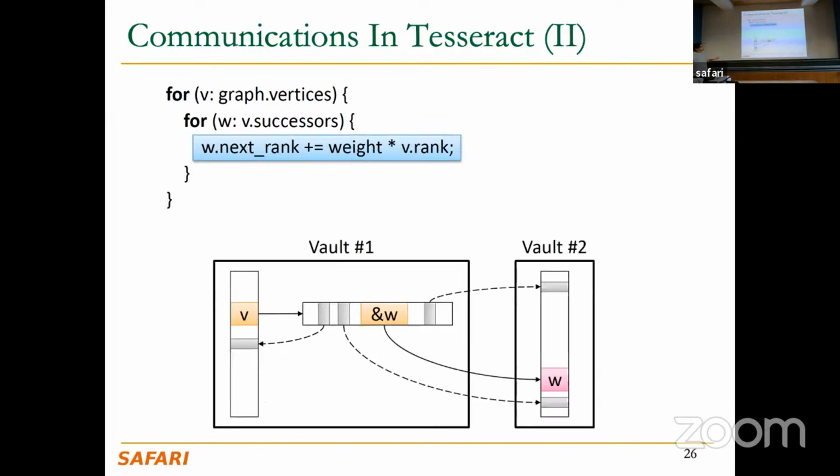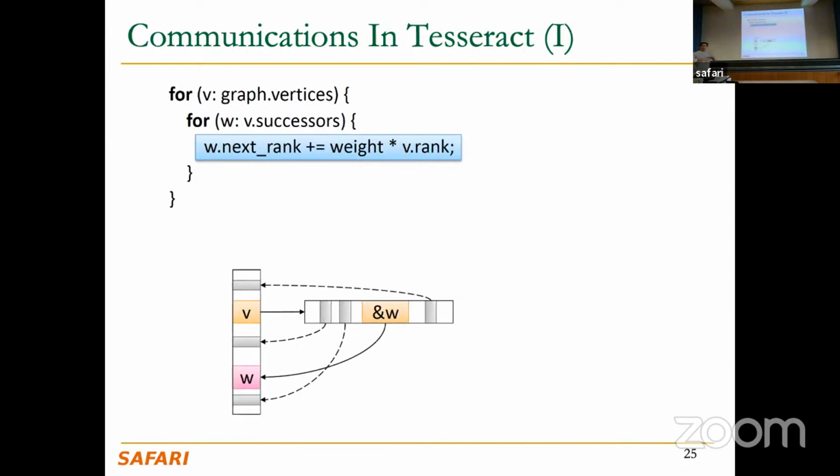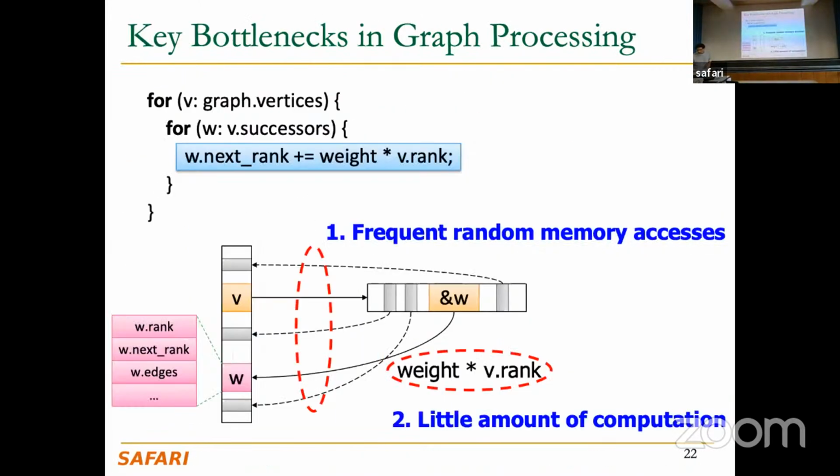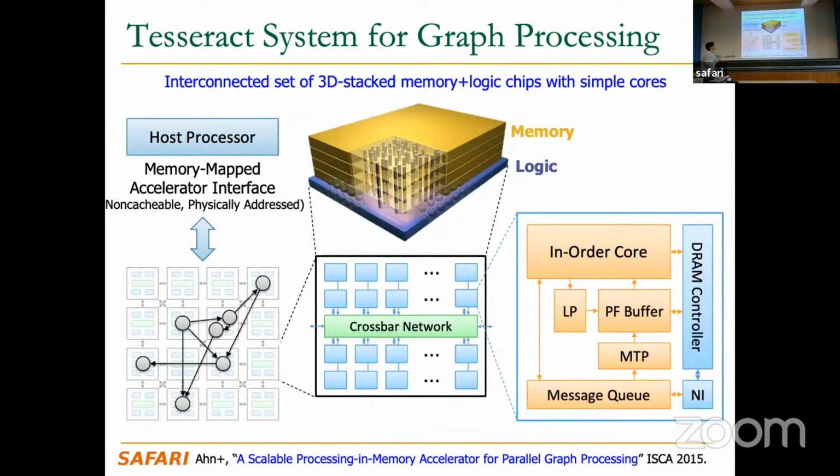So communications in Tesseract, how do they happen? It might happen something like this, right? If we see the whole picture of the accelerator, you see that the graph itself, vertices and edges, they are mapped onto the memory of the whole accelerator. That's why here in the figure, we see multiple nodes and edges and how they are connected, right? If you are lucky, the neighbors of this node will be in the same stack, maybe even in the same vault, but that's not going to be the normal thing.